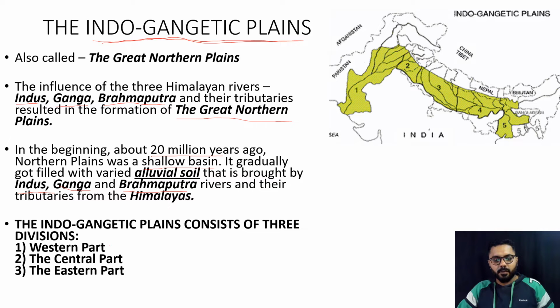As you can see, the western part is the Indus part, the central part is the Ganga part, and the eastern part is the Brahmaputra part. That is how we can classify the Indo-Gangetic Plains into three regions.